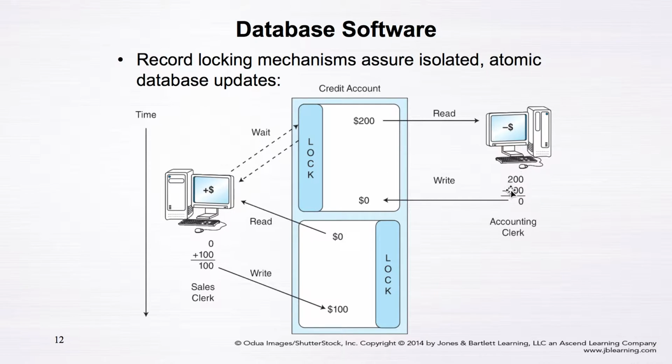Once the information is updated in the database, the lock is released for the next request. Then this user becomes locked again. So you can see that the 0 is read by the sales clerk instead of 200 as before. So now they do some operation and the information is written back into the database.